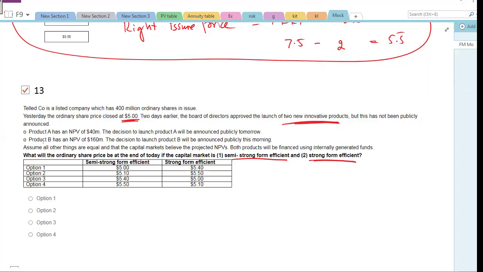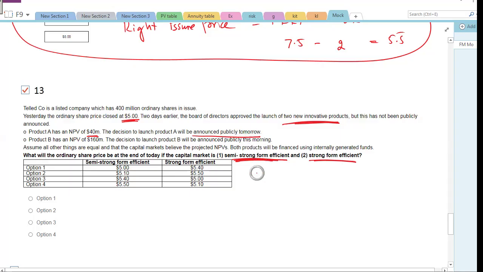Now, product A has an NPV of this much. The decision to launch product A will be announced publicly tomorrow. So if it has not been announced, it's not going to be reflected in the market value in a semi-strong efficient market. We are just focusing on the semi-strong efficient market first of all, okay?